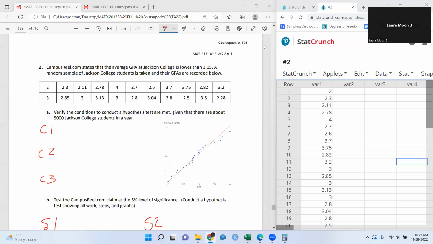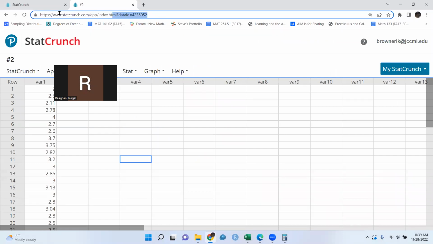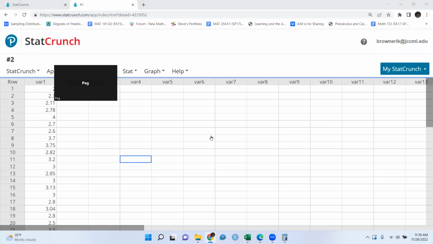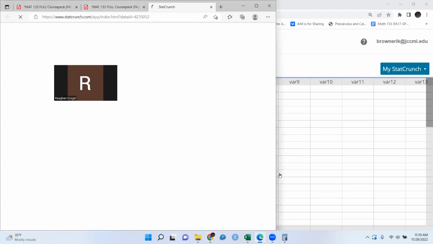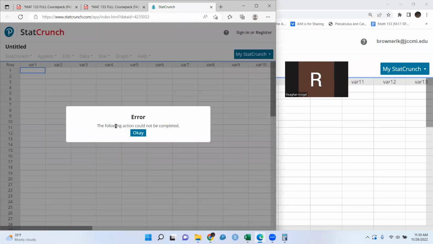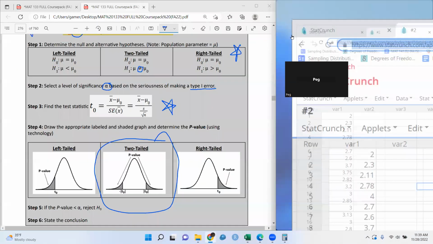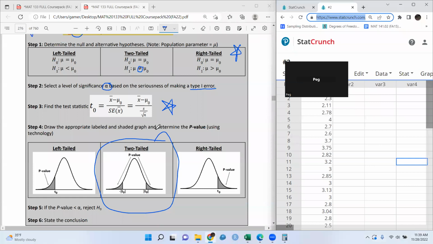I got an error when I clicked on that. It says the following action could not be completed. I got that too. Which, what did you click that you got that error? The link that Eric sent in the chat. Oh, I entered all my numbers manually, so I don't. Sorry, Al.